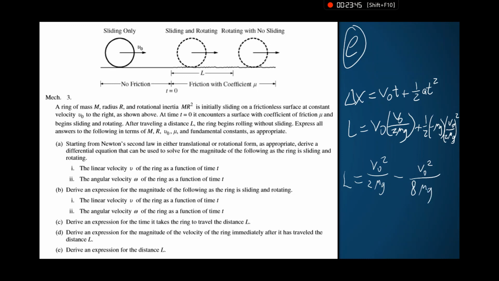Okay, if I get a common denominator, what's going to happen? Okay, so that's 3 v naught squared over 8 mu g.